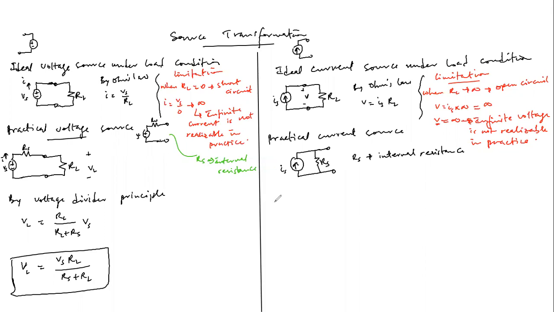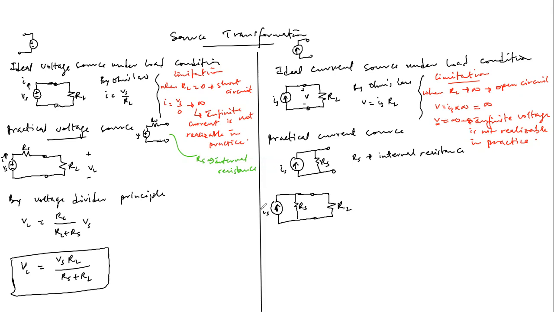That is the current source, the practical model, then we have the load. Here RL, this is RS, this is IS.